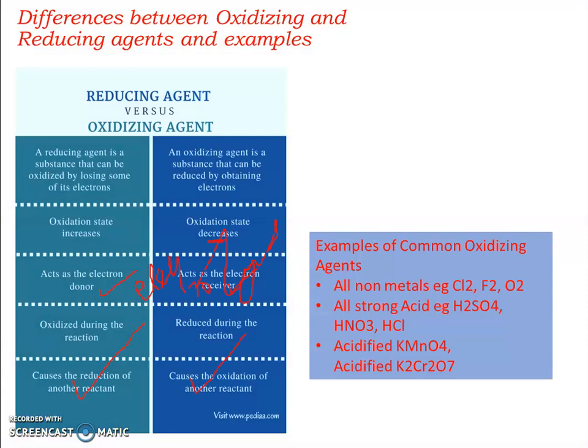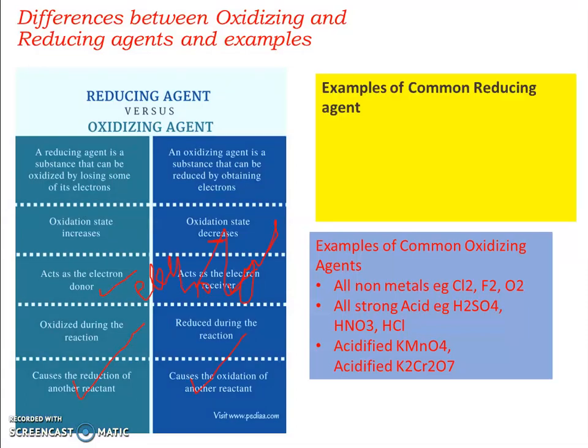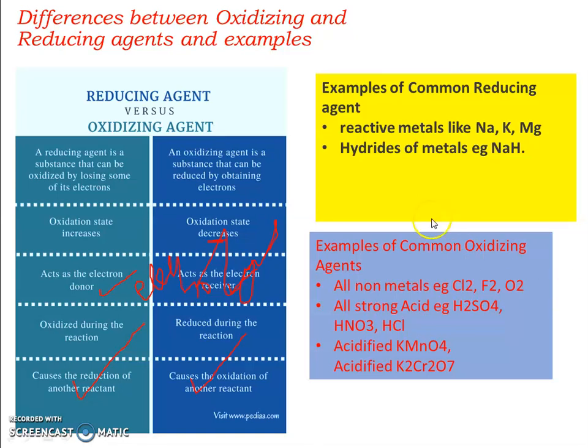Now, we're going to conclude with common examples of oxidizing and reducing agents, and I'm going to quickly talk about that for you. All reactive metals, as you have it here, are reducing agents. All reactive metals like sodium, potassium, and magnesium are all reducing agents. Is that clear?